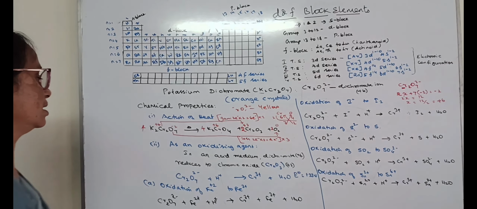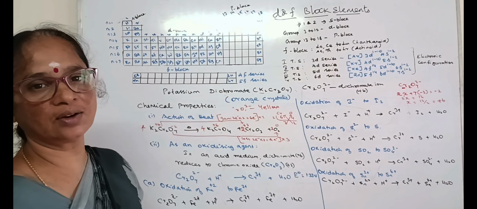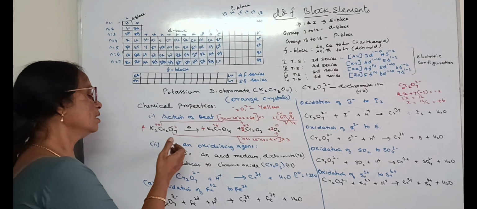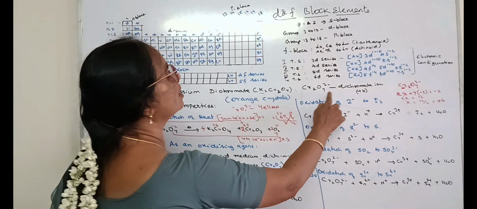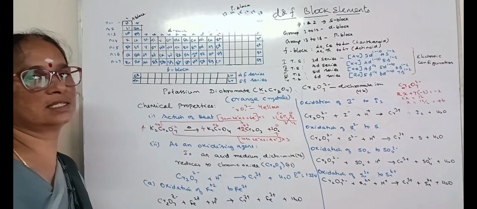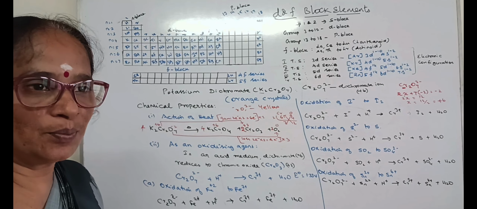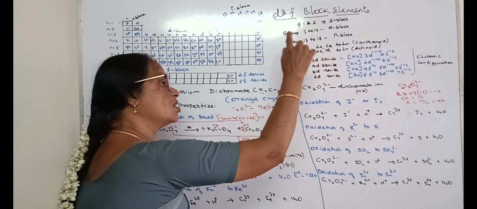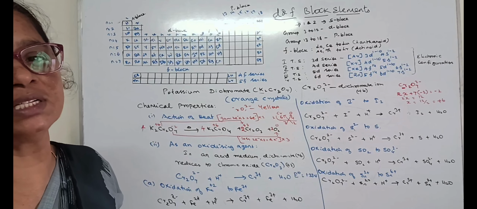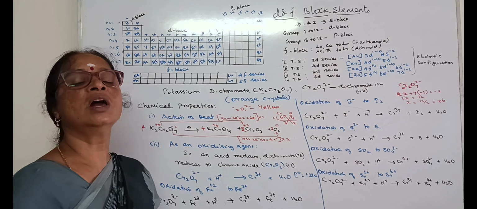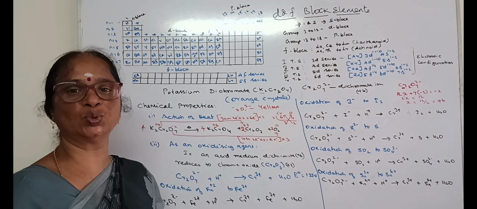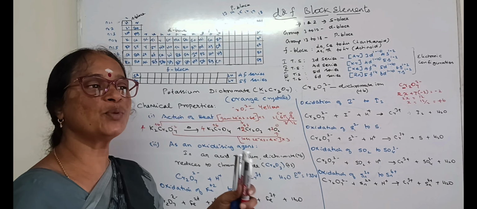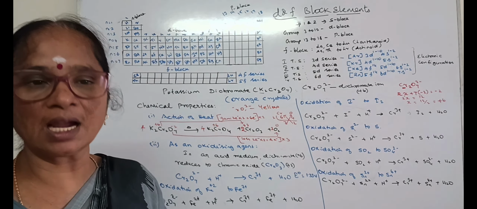The next reaction is a very important set of reactions. From this we can expect questions. See, potassium dichromate, existing in its higher oxidation state of +6, can be used as an oxidizing agent, because of the +6 oxidation state. In the last class we discussed the Frost diagram where the +6 oxidation state has a delta G naught value found to be positive, but a compound with a positive delta G naught is highly unstable.